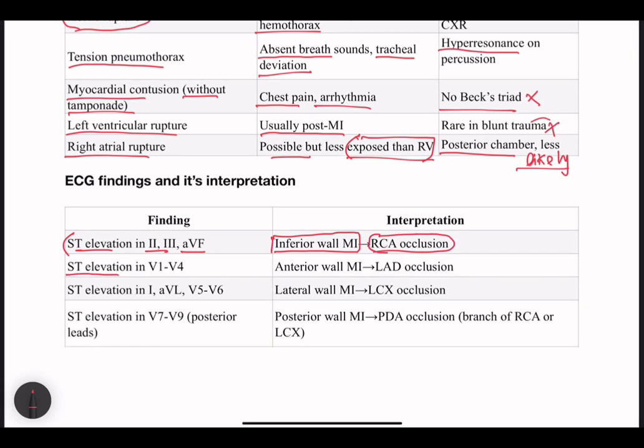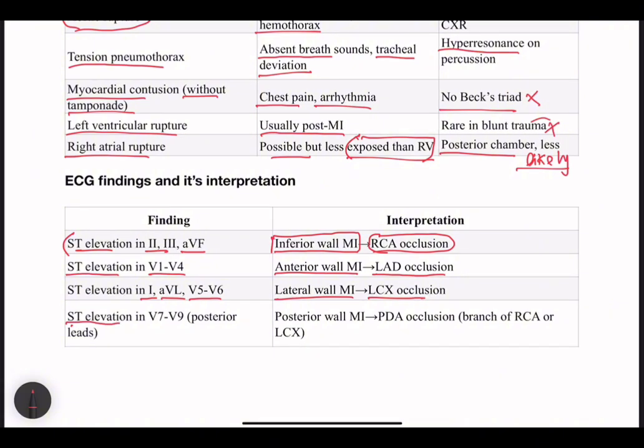Whenever we have an ST segment elevation in leads V1, 2, 3 and 4, this shows that we have an anterior wall MI, which is supplied by the left anterior descending artery. And ST segment elevation in leads 1, aVL and V5, V6 shows that this patient has a lateral wall MI, which is supplied by the left circumflex artery.